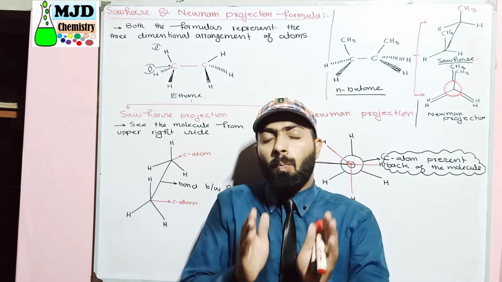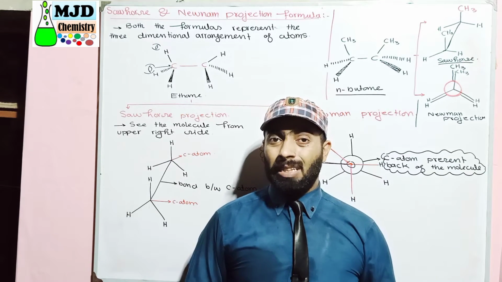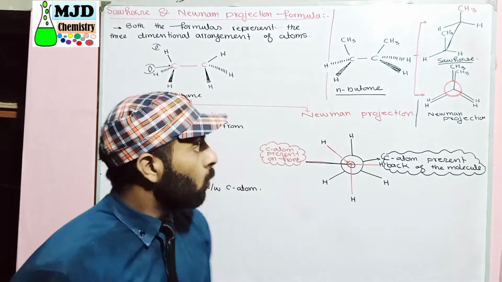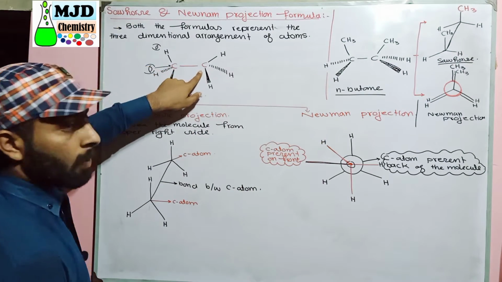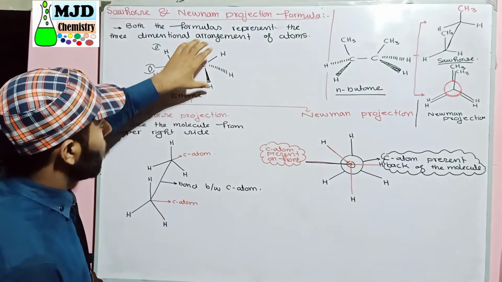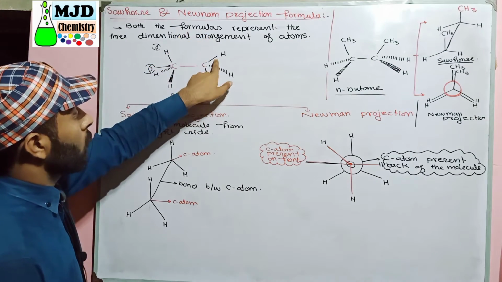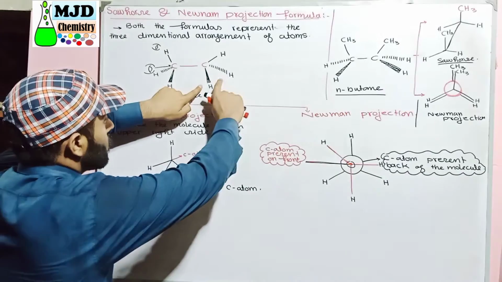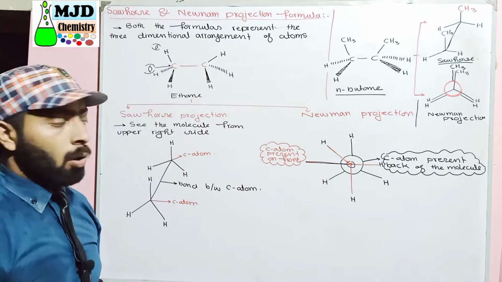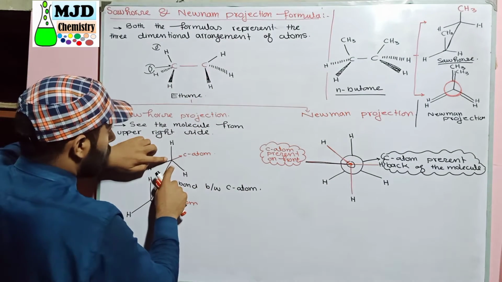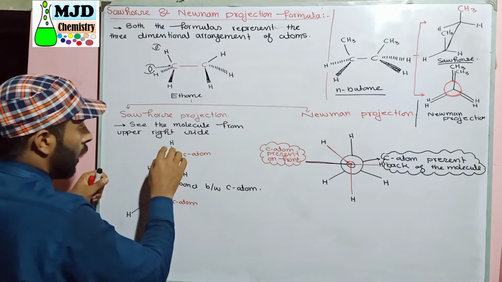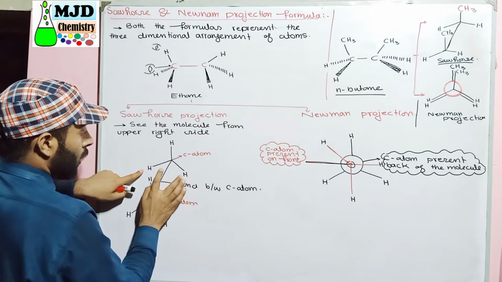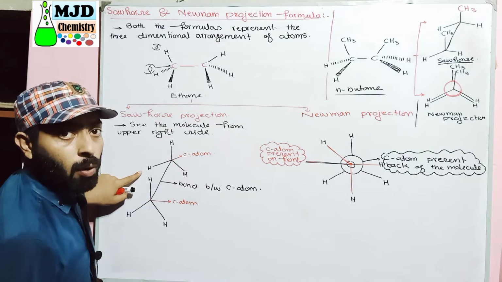This is the most important thing in this lecture. When we look at the molecule from the upper right side, then I see this carbon atom. Here 4 hydrogen atoms are bonded. One is on the upper side and 2 are below. Here I write the upper carbon atom, 1 hydrogen and 2 other hydrogens which are present below.